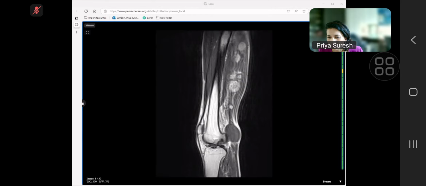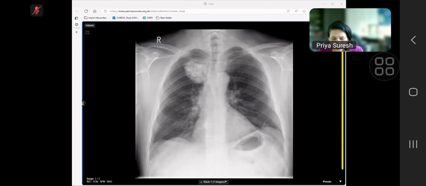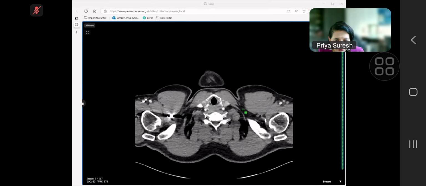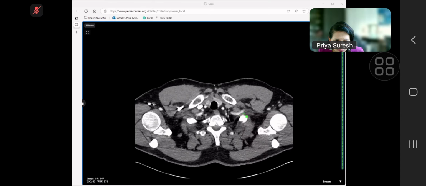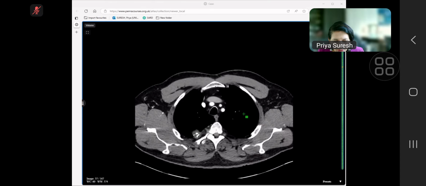Second case. This was your first case, where you did the chondrosarcoma. The only feedback on this would be, I want you to look at the CT again. So it is chondrosarcoma of the rib.